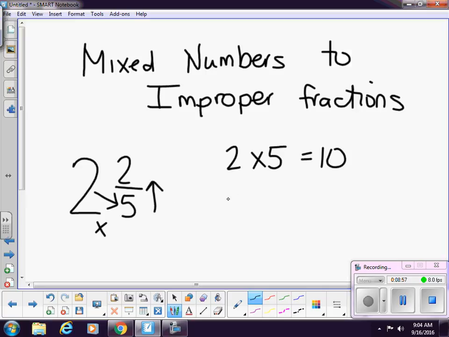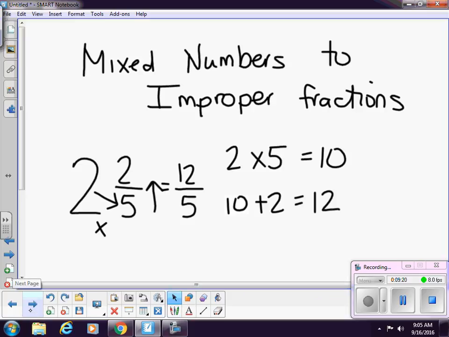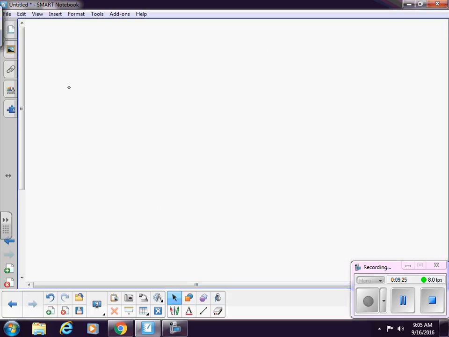So you got 10, so you're going to add 2, so that becomes 12. Right? 10 plus 2. So now your fraction is 12 over, and you keep the bottom number the same. This is easy, guys. 12 over 5. That's simple. Let's try another one.